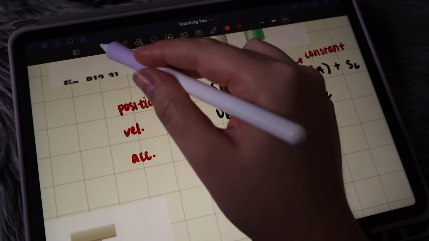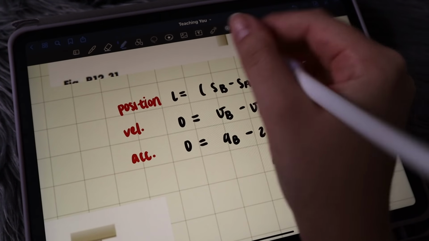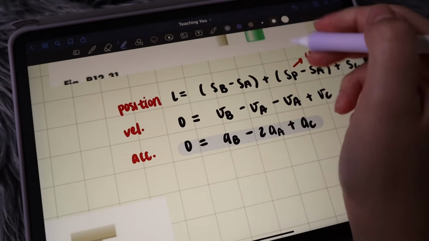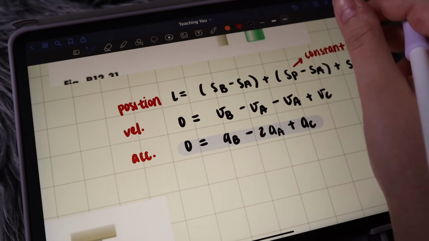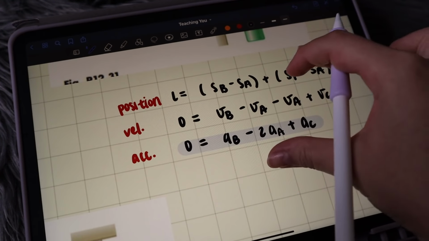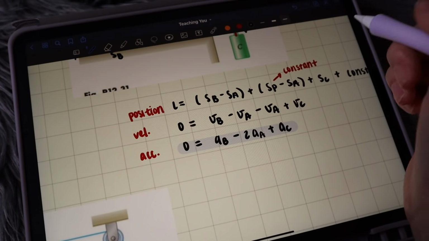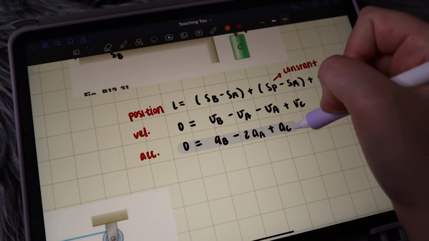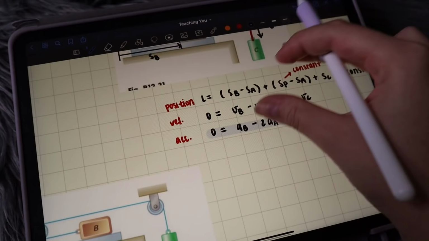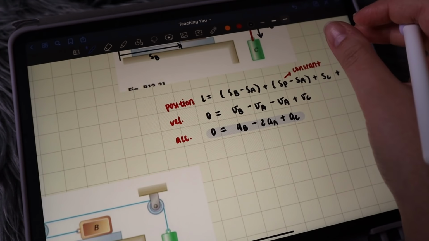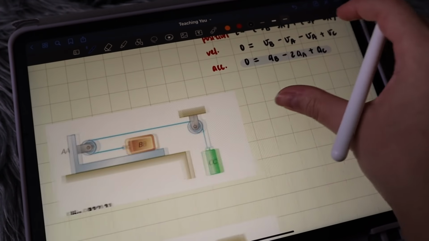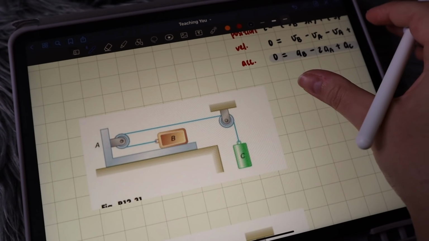Okay, so already we have an equation that we could probably use. Right now we don't really know what we're going to do with it because we have too many unknowns here. So let's go ahead and start doing our free body diagrams so we can at least have an idea of what needs to be done.